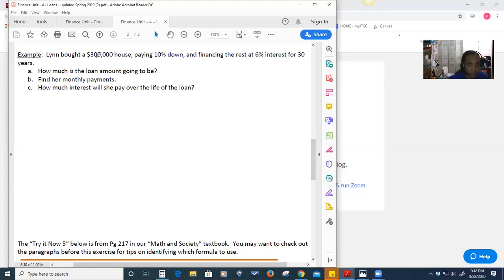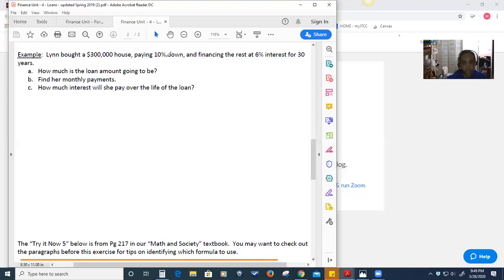Lynn bought a $300,000 house, paying 10% down, and then financing the rest at 6% interest for 30 years. So let's understand what's going on. Lynn took out a mortgage loan, okay? So she found a house that cost $300,000, but she didn't borrow $300,000. It says she paid 10% down.